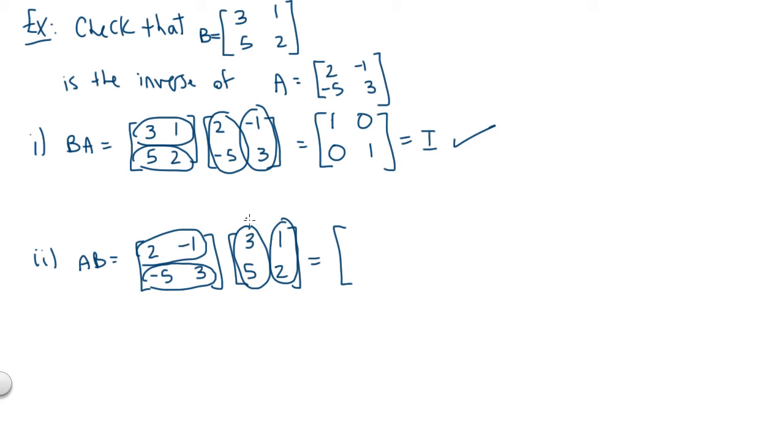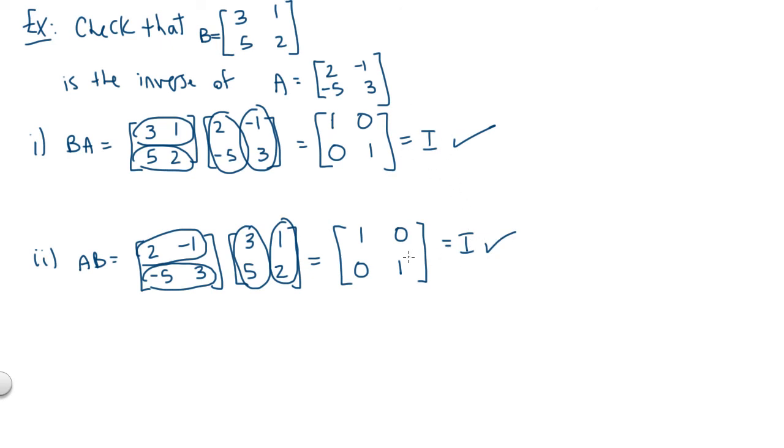So row 1 dot column 1 looks like 1. Row 1 dot column 2, 0. Row 2 dot column 1, 0. And row 2 dot column 2, 1. Yes, perfect. That comes out to the identity matrix as well.